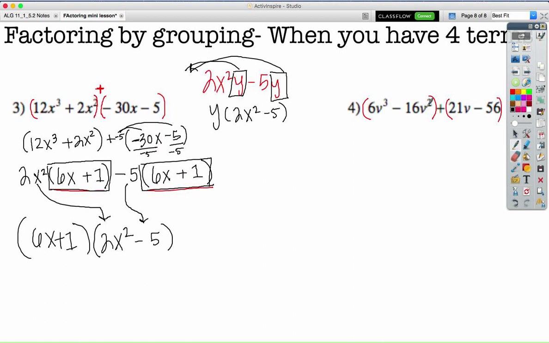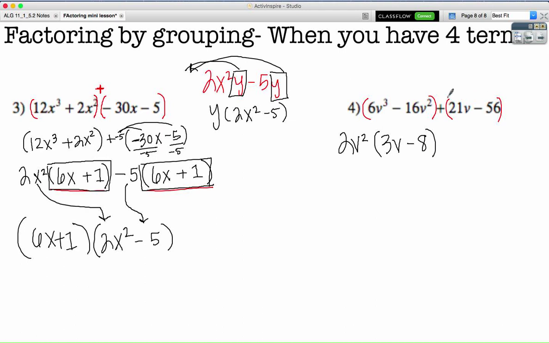From the first set of parentheses, I should be able to take out at least a 2. So take out a 2. V cubed, v squared, we can take out a v squared. And we'll be left with 3v minus 8. In the next parentheses, we can take out a 7. So we're going to pull out plus 7 that we pulled from the 21 and 56.